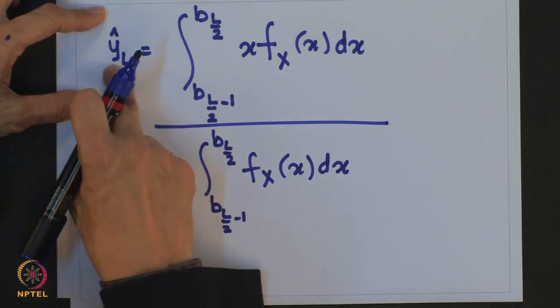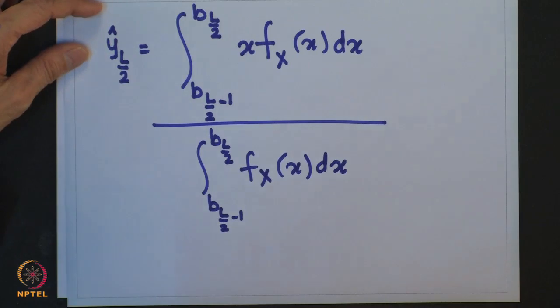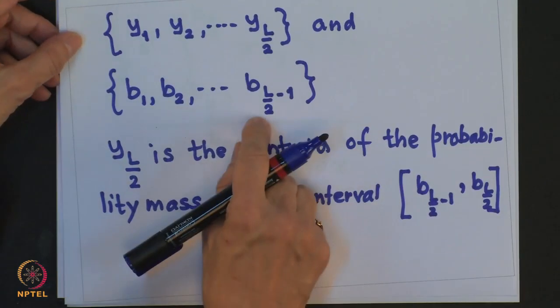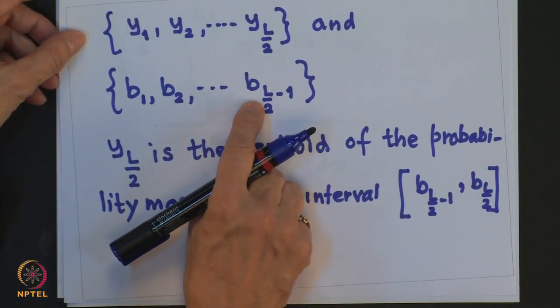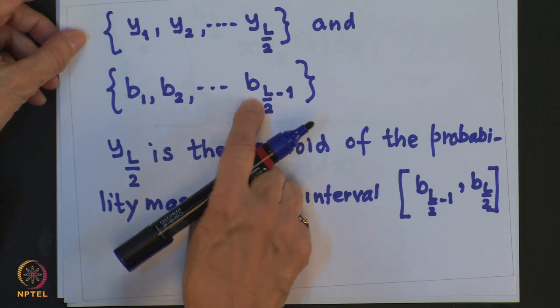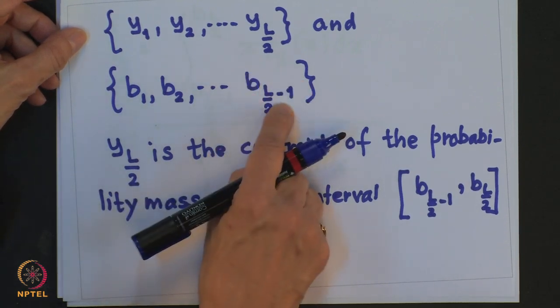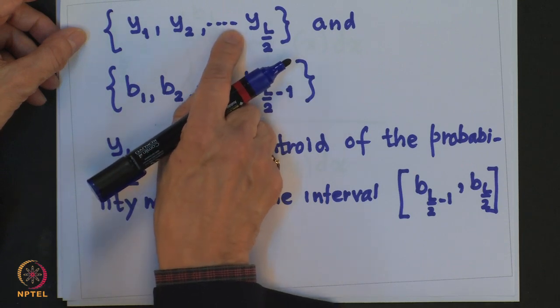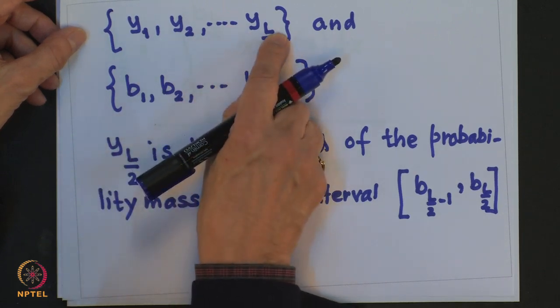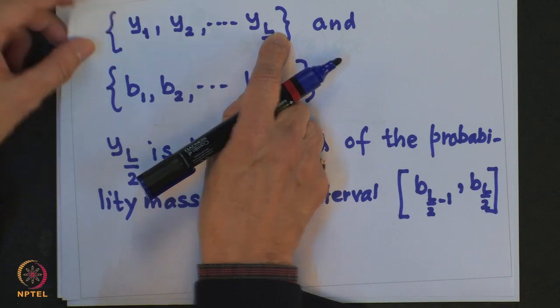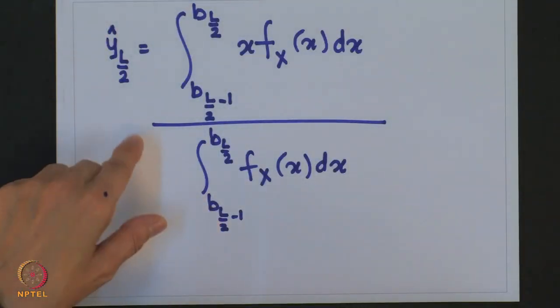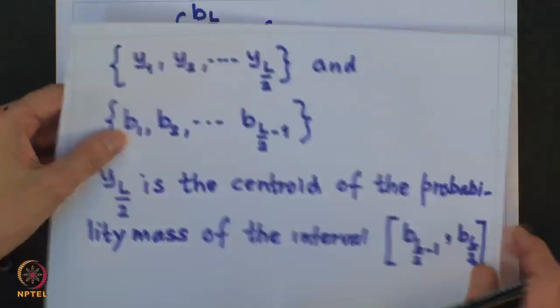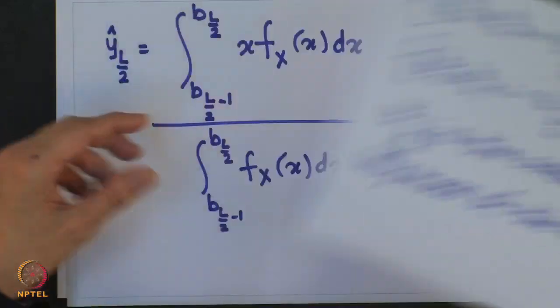Now, you compare this point with what you have got from your calculation, because once I get this point and I know my yL/2 minus 1, I can get my yL/2, correct. So, now compare this with the previously computed value of yL/2.